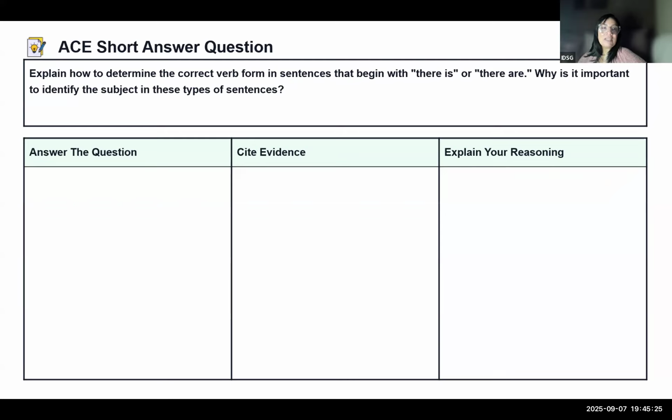Our last activity is a short answer question. Explain how to determine the correct verb form in sentences that begin with there is or there are. Why is it important to identify the subject in these types of sentences? Answer the question, cite the evidence, and explain your reasoning.